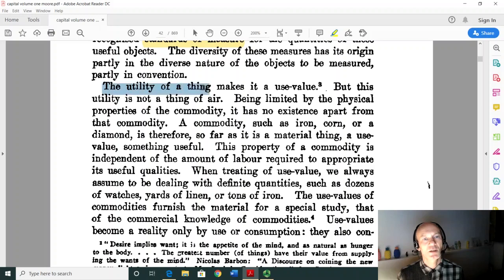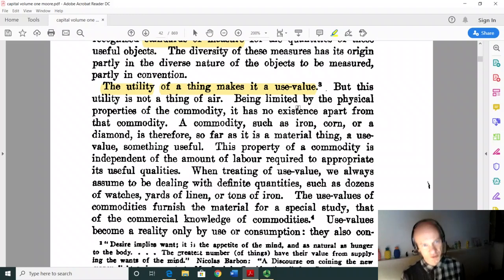So here comes now the next definition: the utility, meaning basically usefulness of a thing, makes it a use value. So use value is a technical term taken from political economy. But this utility is not a thing of air, being limited by the physical properties of the commodity. It has no existence apart from that commodity.